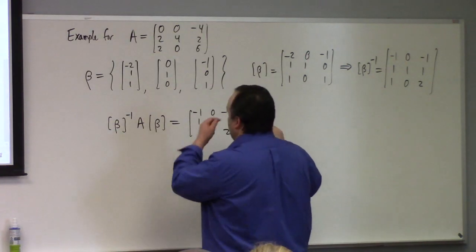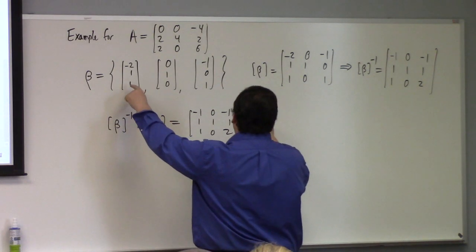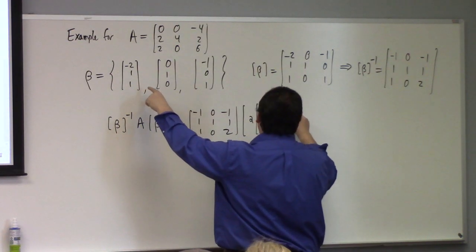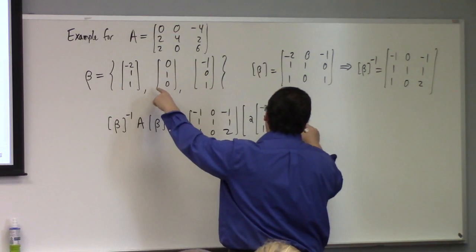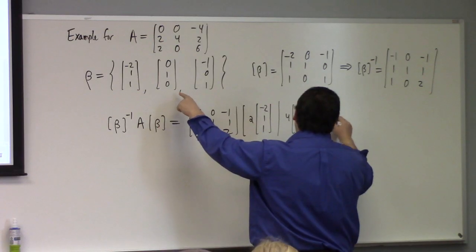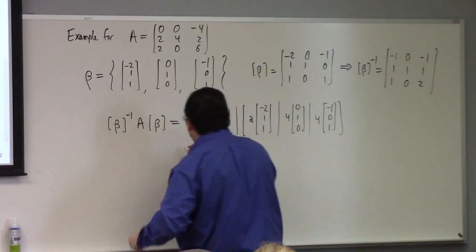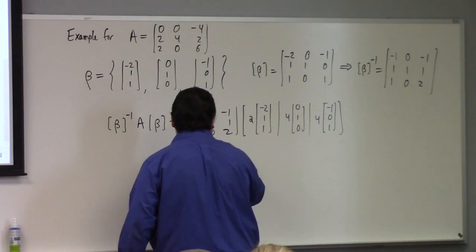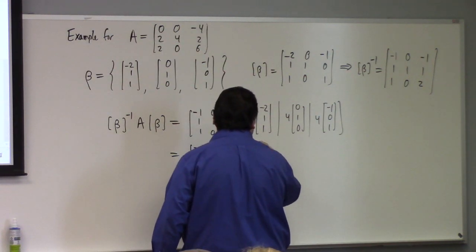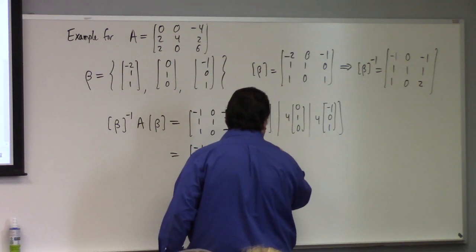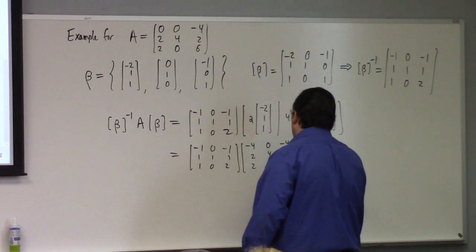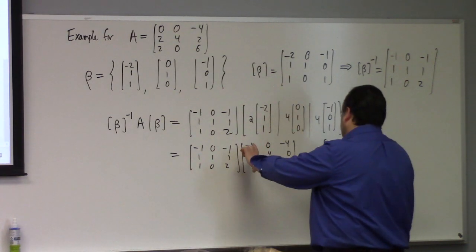A times beta is going to give me 2 times minus 2, 1, 1, 4 times the vector 0, 1, 0, and 4 times the vector minus 1, 0, 1. So that gives me minus 1, 0, minus 1, 1, 1, 1, 1, 0, 2, times the matrix minus 4, 2, 2, 0, 4, 0, minus 4, 0, 4.